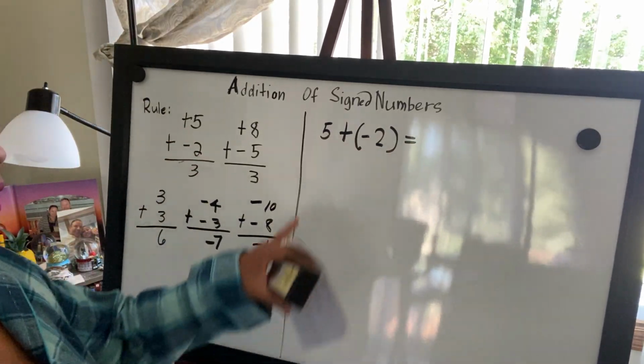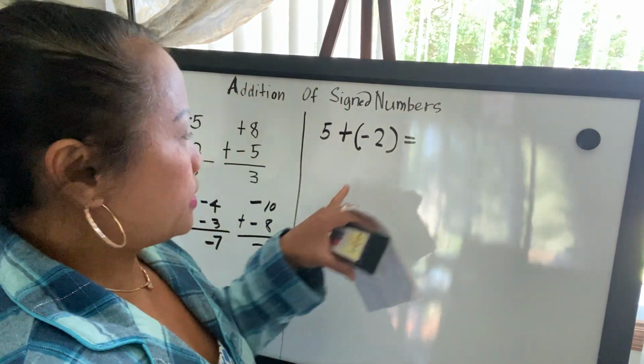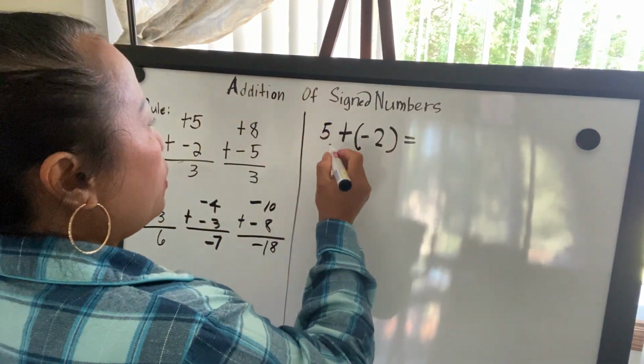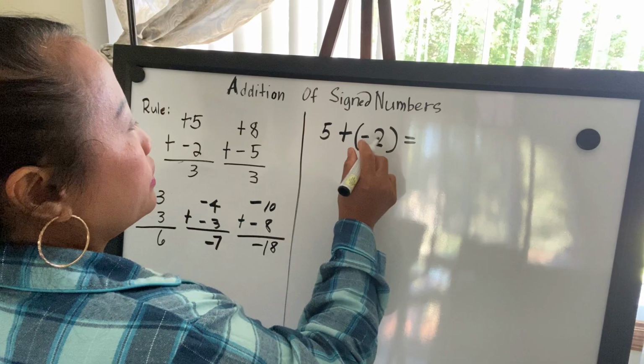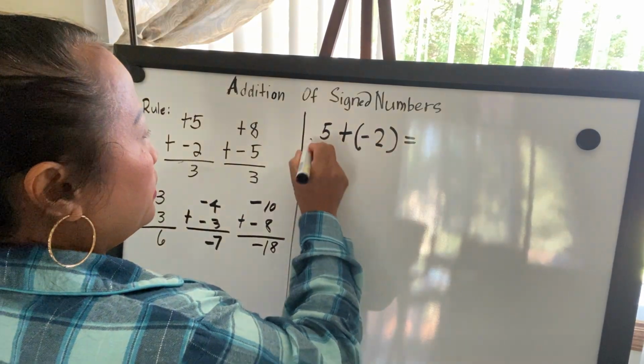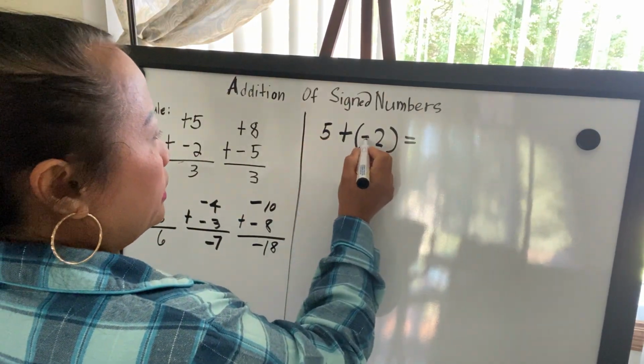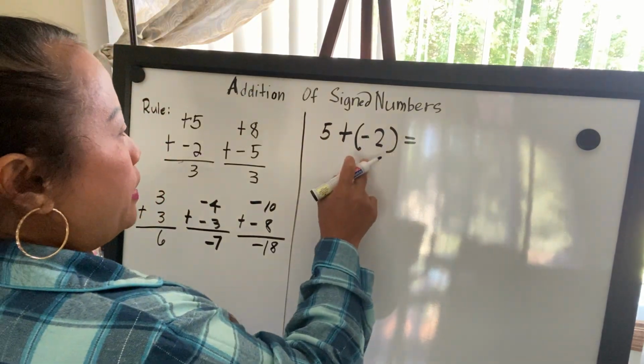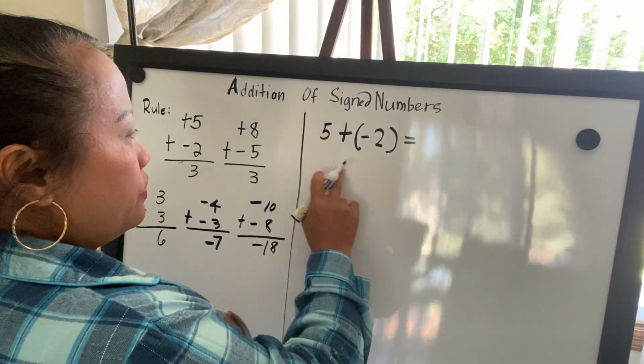Sometimes they will write it like that, right? Okay. So, the answer of this one: it is positive and negative, so you have to find the difference.